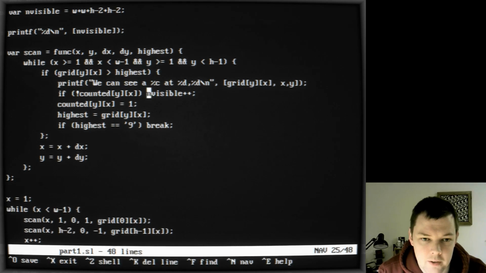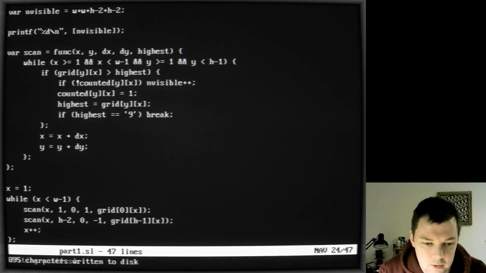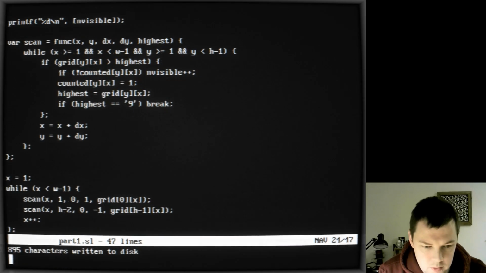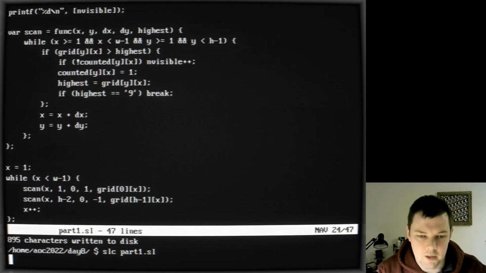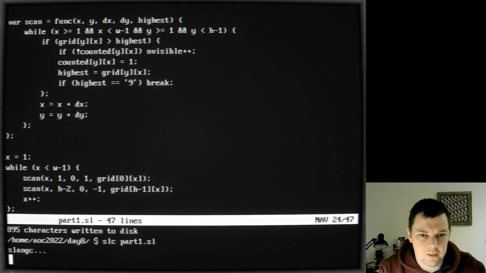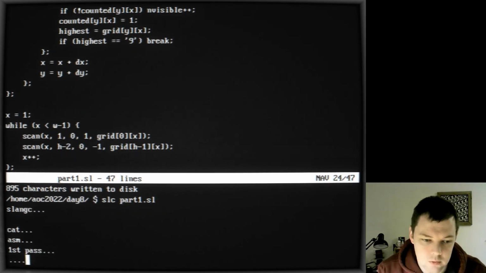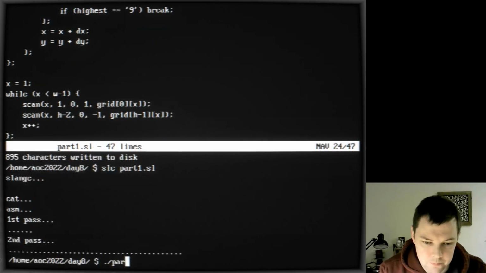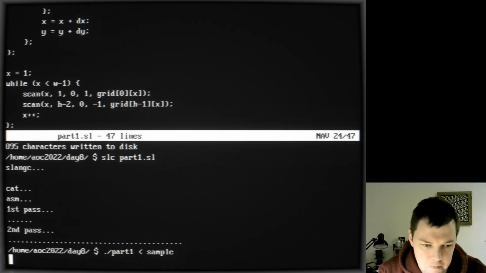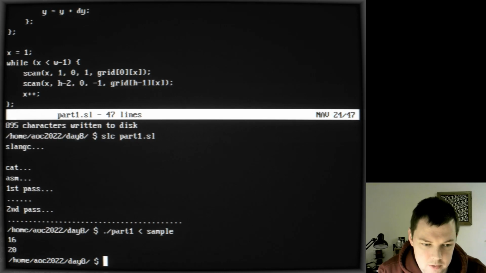Okay, this will be fine. I just have to compile it, because the interpreter takes up a lot of memory on its own. Still wrong. That's annoying.